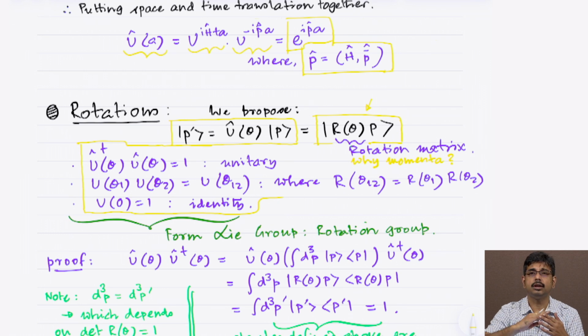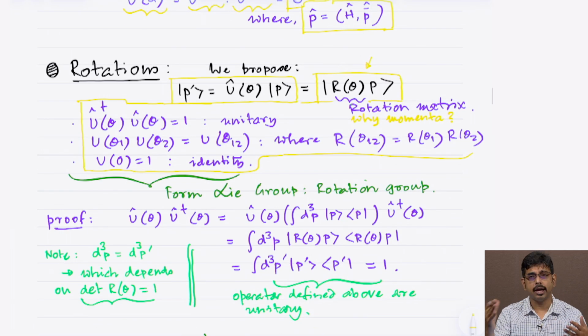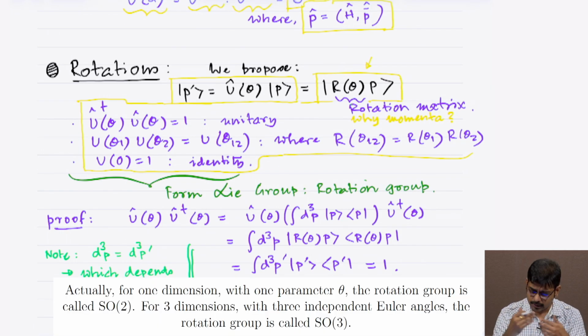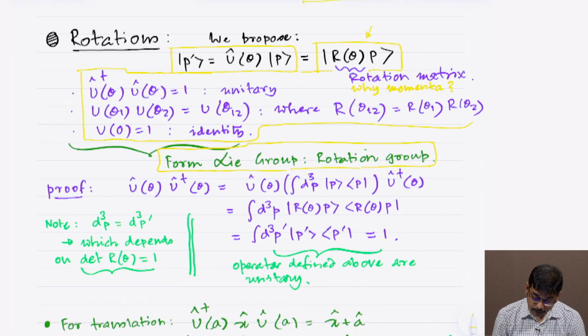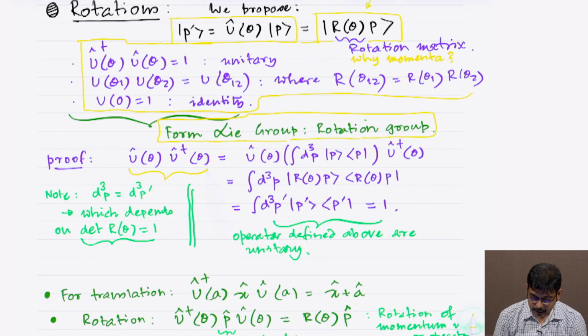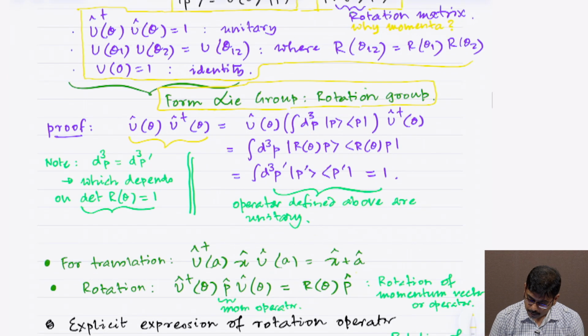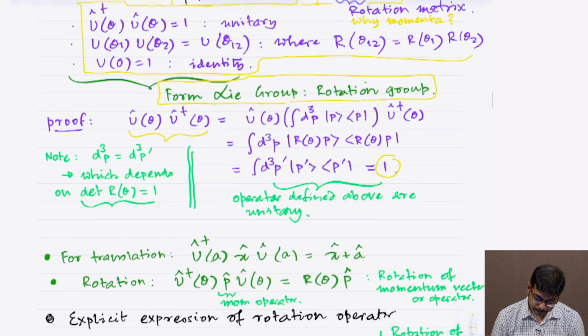When you rotate by theta 1 and theta 2, it is equivalent to rotating by theta 1 plus theta 2. So all the properties of a group are satisfied once again, and this also has infinite elements. These are continuous and have a derivative, so they are Lie groups. They form a rotation group, which is another kind of Lie group, and you can once again check the unitarity, U dagger U equal to 1, explicitly.